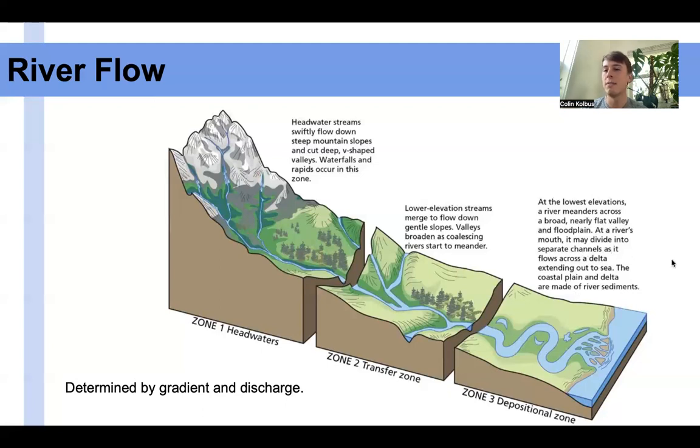At these floodplains, it may split off again into different meandering streams and braid off into a river delta. That just depends on how much sediment is being eroded from the headwaters, from the transfer zone, and then being deposited finally in zone number 3.